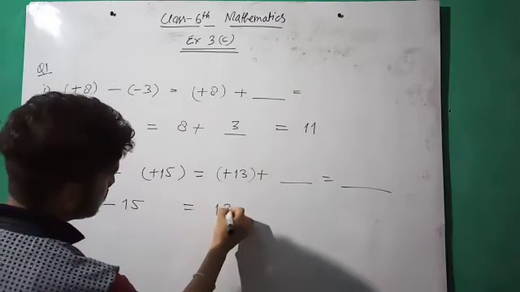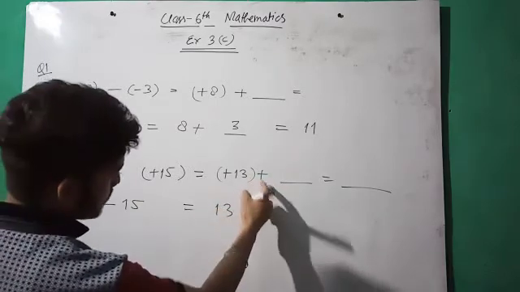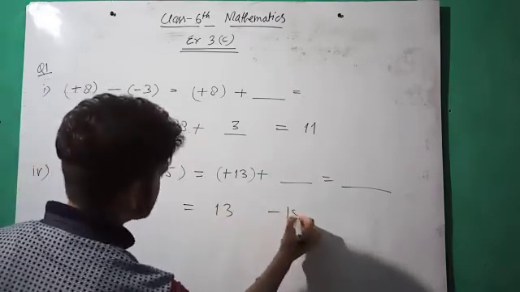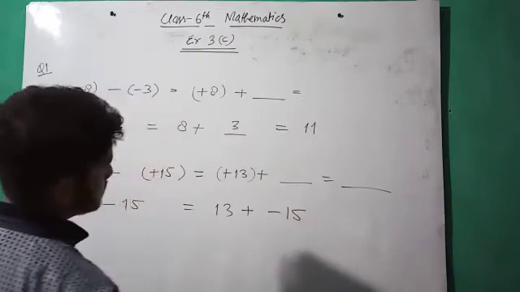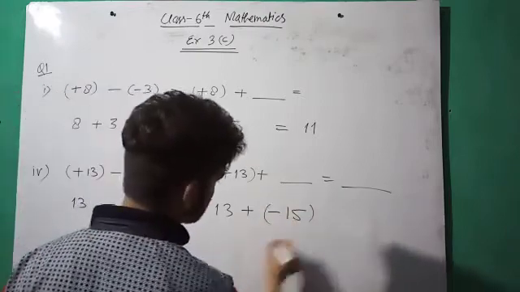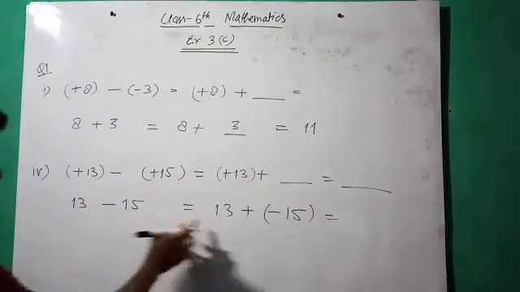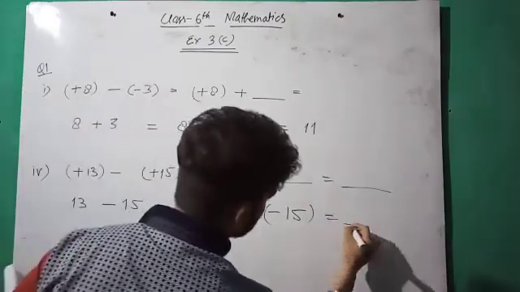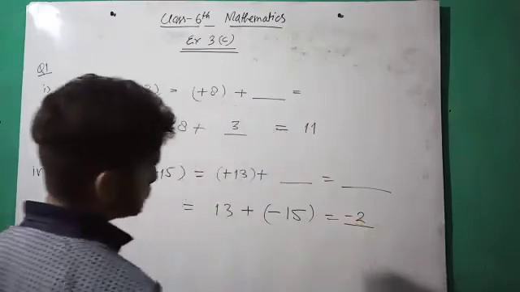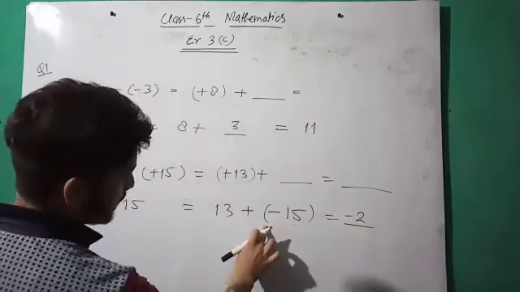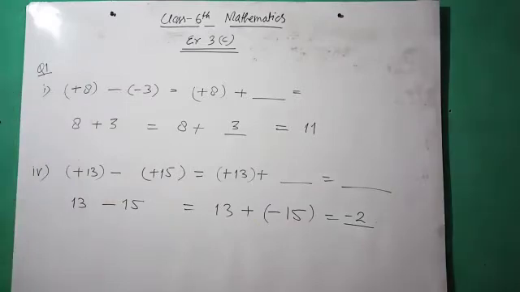Here we have to take minus, plus minus 15, like this. So the final answer is 13 minus 15, so the final answer is minus 2. You have to subtract 15 minus 13, then the sign is negative.